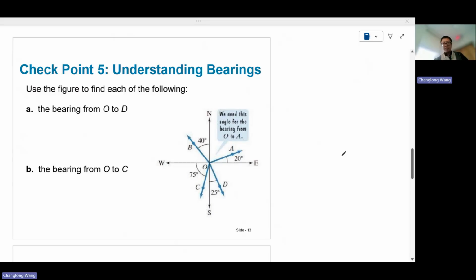So that's called bearings. Now let me have you think about these two problems for a minute, then we'll go over the answers.